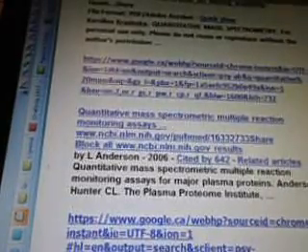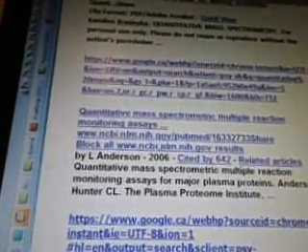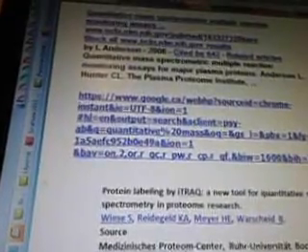Quantitative mass spectrometric multiple reaction monitoring assays. That's from www.ncbi.nlm.nih.gov. From L. Anderson, 2006. Quantitative mass spectrometric multiple reaction monitoring assays for major plasma proteins. And that's from the Plasma Proteome Institute, and that's on Google.